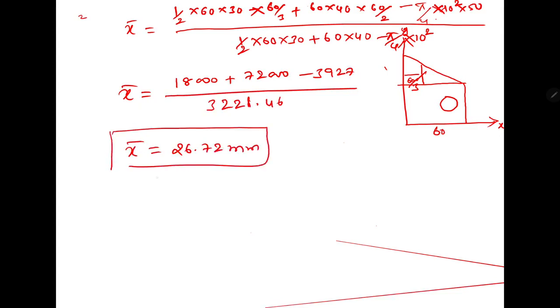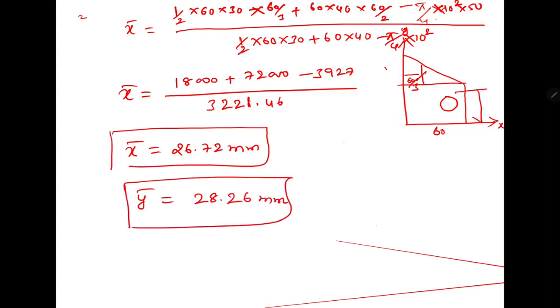So for this plane figure, I am getting x bar as 26.72 and y bar as 28.26 millimeter. This is y bar and this will be x bar. So that is the centroidal distance.